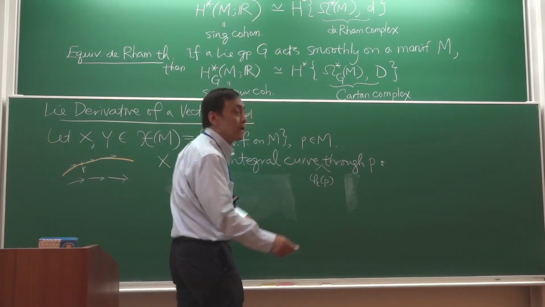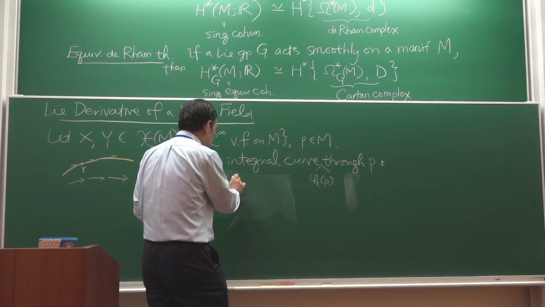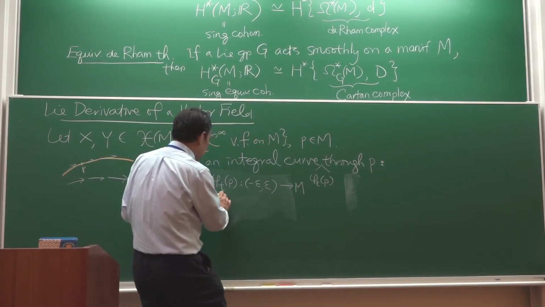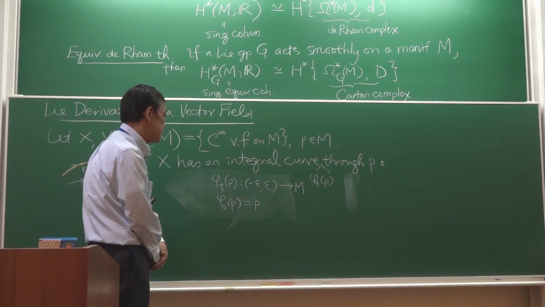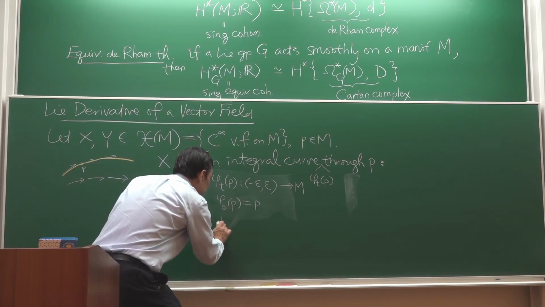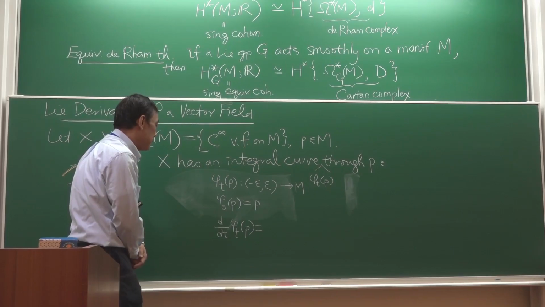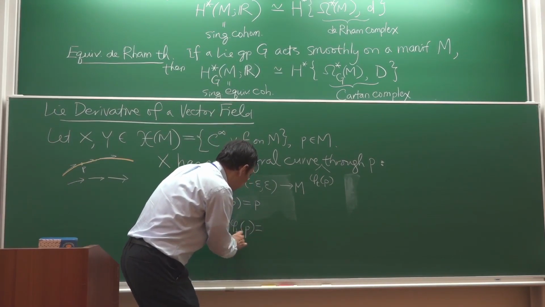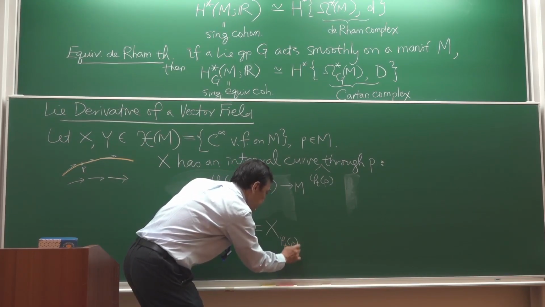So P is fixed, so this is just a function of t. Okay? And so phi of t, as a function of t, is defined on some small interval about the origin, such that at time 0, it's P. And then if you differentiate with respect to t, you get the velocity vector, so the velocity vector at time t is the vector field at phi t of p.